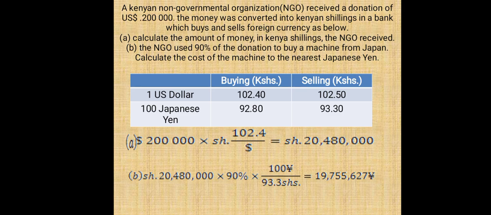Now, 200,000 to Kenyan shillings at a rate of 102.4. It is 20,420,000. Now, take 90% of 20,480,000, and that 90% is converted into Japanese yen at a rate of 93.3 for every 100 yen.